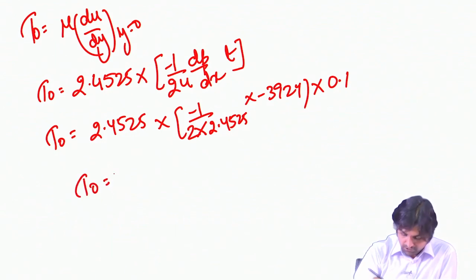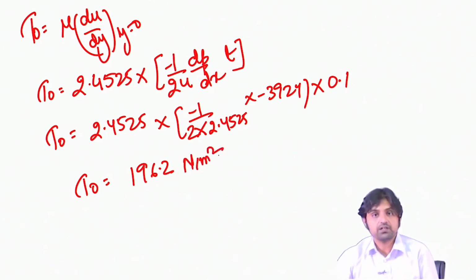So tau naught is coming out to be 196.2 Newton per meter square.